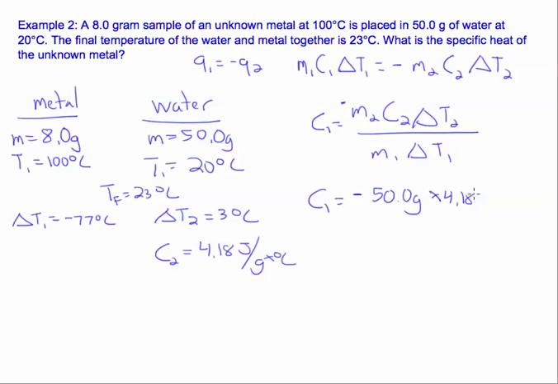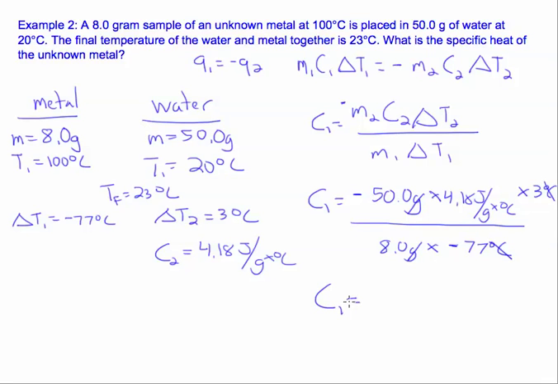And I like to keep my units because it shows me that I'm doing the right thing when all my units cancel out correctly. 8 grams times. And these two negative signs turn into a positive number. Grams cancel out, degrees Celsius cancels out. And so we do 50 times 4.18 times 3 divided by 8 times 77.